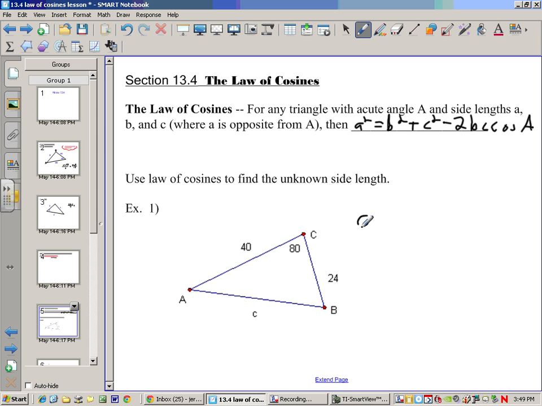If I wrote this out again, a squared equals b squared plus c squared minus 2bc cosine of A.